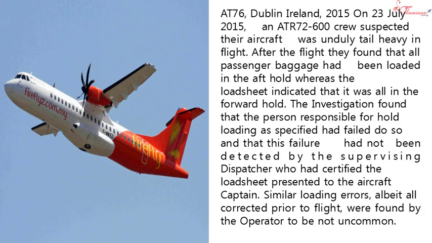The investigation found that the person responsible for hold loading as specified had failed to do so, and that this failure had not been detected by the supervising dispatcher who had certified the load sheet presented to the aircraft captain. Similar loading errors, albeit all corrected prior to flight, were found by the operator to be not uncommon.